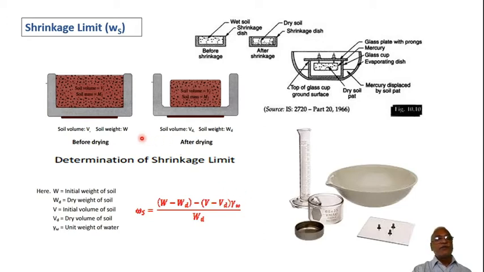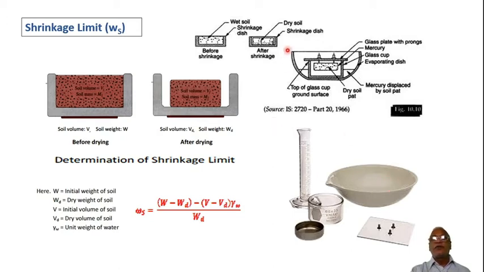Now the question is how to find out the volume of shrinkage dish as well as volume of dry soil pat. Masses can be found using the balances, but how to find out the volume, that is an interesting part here.